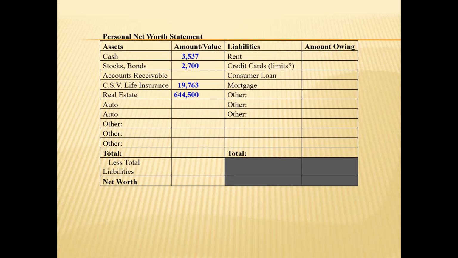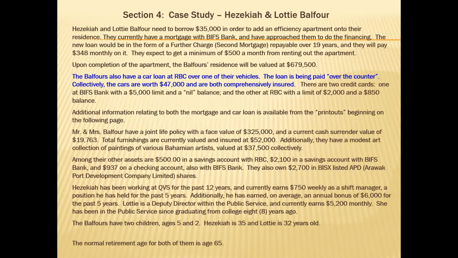Any automobiles? I think their autos total 47,000. They have a car loan at RBC over one of the vehicles. The loan is being paid over the counter, that means not by salary deduction. Collectively, the cars are worth 47,000 and are both comprehensively insured.